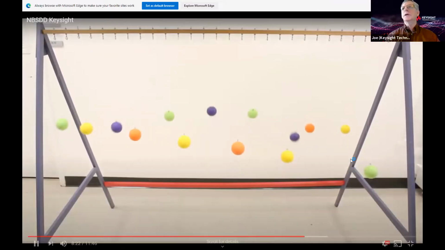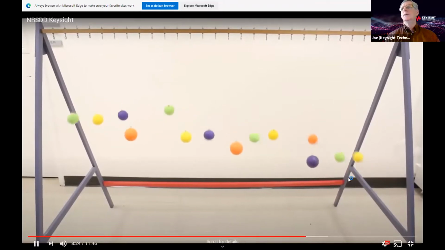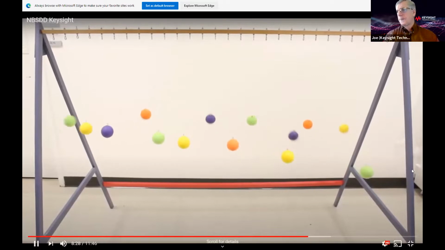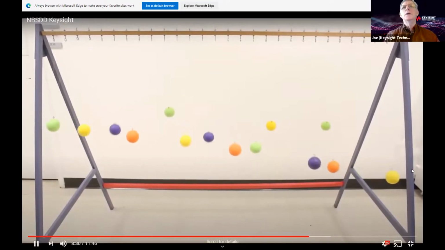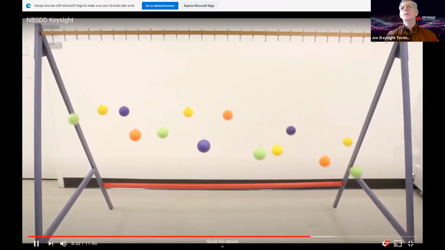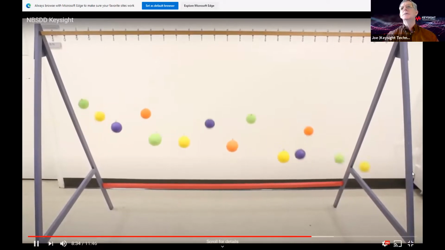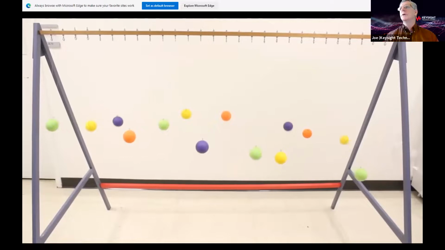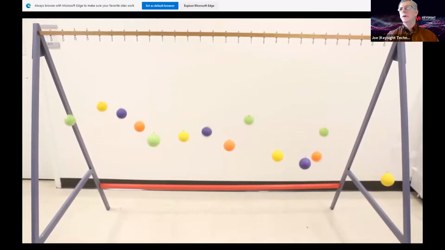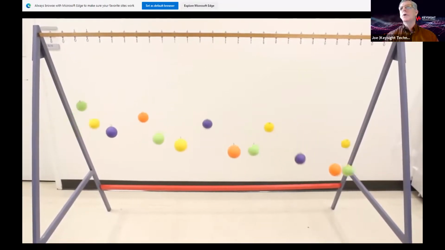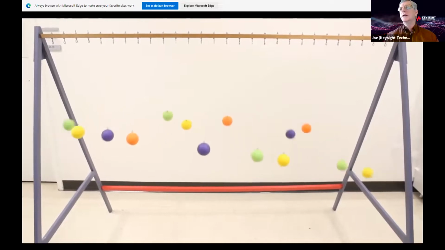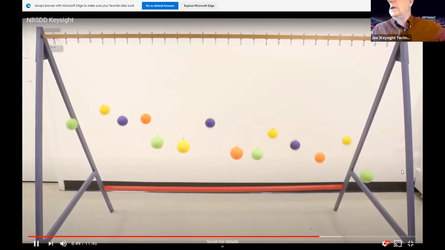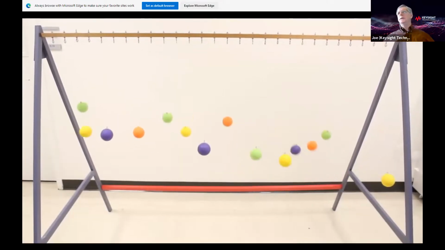And I did want to just real quickly say, if you watch the balls on the two ends, like the yellow ball on the right side and the green ball on the left side, you can really see that they are traveling at the same speed, but the yellow ball has to travel much farther. And so the green ball has more swings in a given amount of time, but the yellow ball is traveling at the same speed.